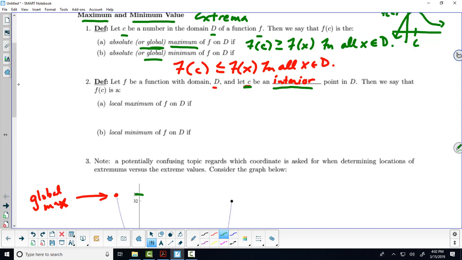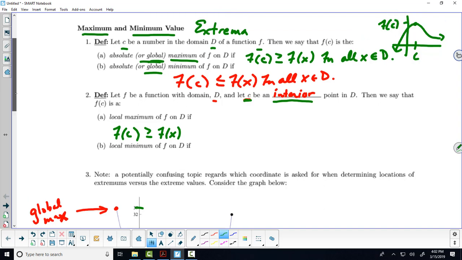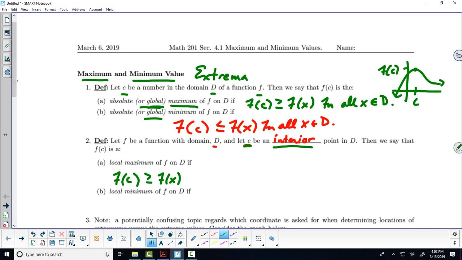Okay. Then we would say that f of c is a local maximum if f of c is greater than or equal to f of x, not for all x in the domain. This is where the definition is going to be different. Before we said it had to be for all x in the domain.